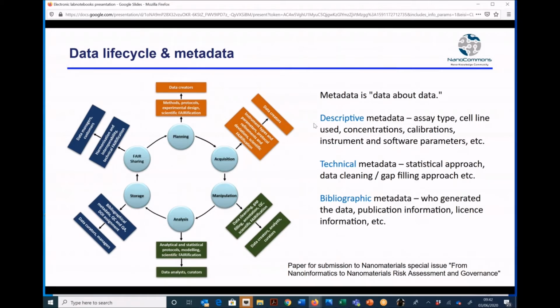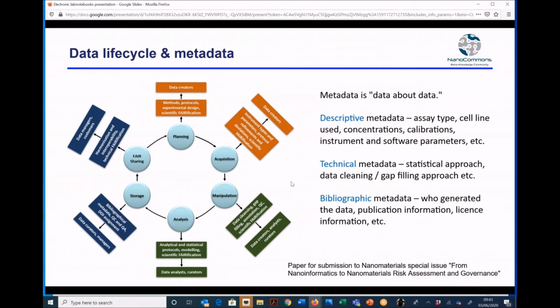And these can be descriptive metadata, so describing the experiment, so the assay type, the cell line, the concentrations, the calibration, the specific instruments, etc. Then we get into the technical metadata, which is maybe the statistical approaches that were used, if there was any data cleaning or any gap filling, etc. And then the final part is the bibliographic metadata. So this is the who generated the data, where it was generated, when, and then as part of the linking of it, so if it's published, and very importantly then the licensing information.